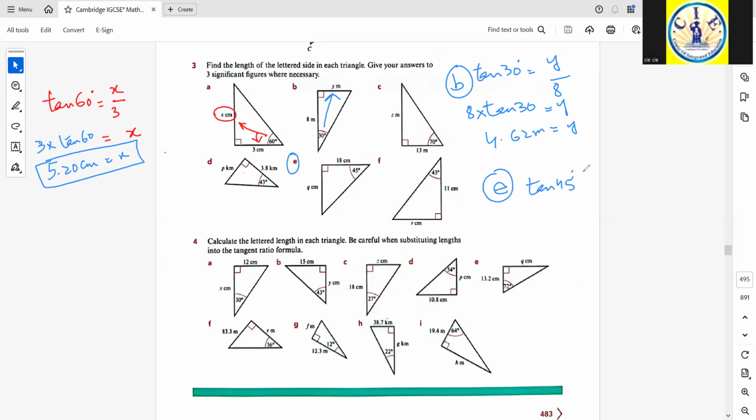Tangent of 45 degrees is equal to the opposite side, that is Q, divided by 18. So tangent 45 using your calculator will give you 1. And when this 18 is multiplied with this, the value of Q would be 18 centimeters.